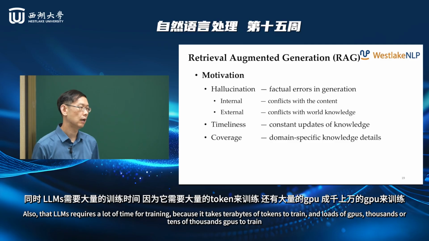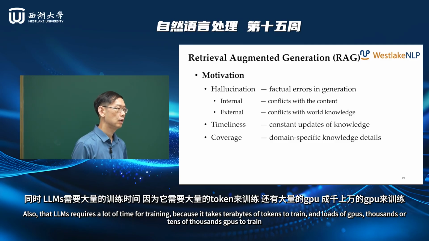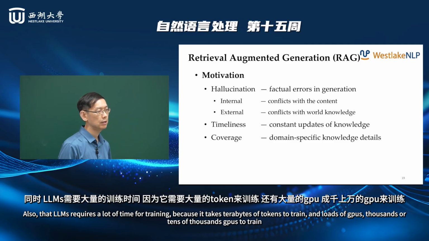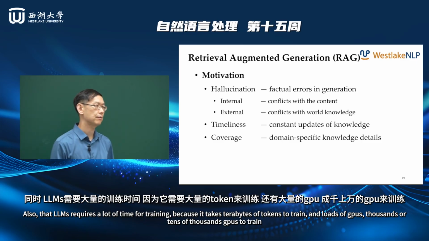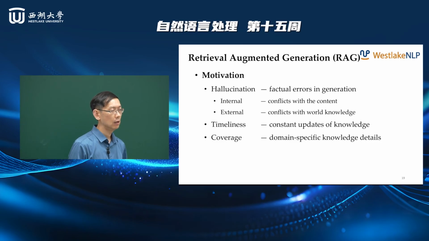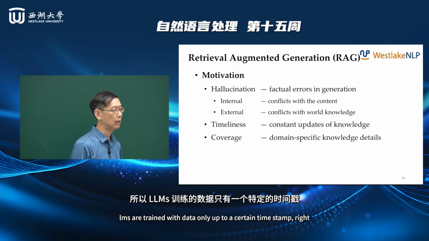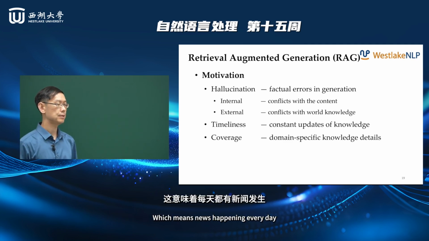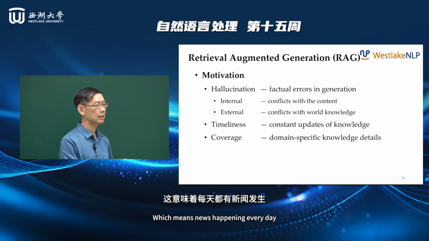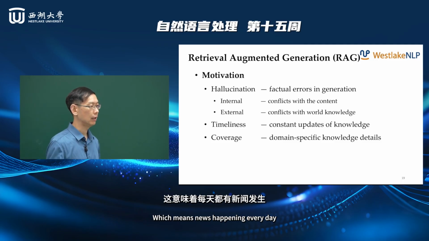Also, you know that LLMs require a lot of time for training because it takes terabytes of tokens and thousands or tens of thousands of GPUs to train. So LLMs are trained with data only up to a certain timestamp, which means news happening every day is beyond LLM knowledge.